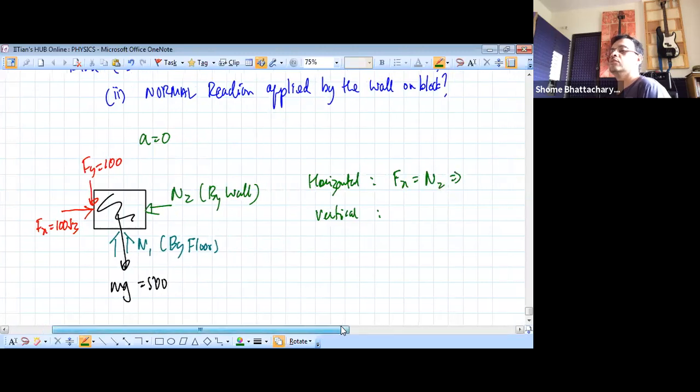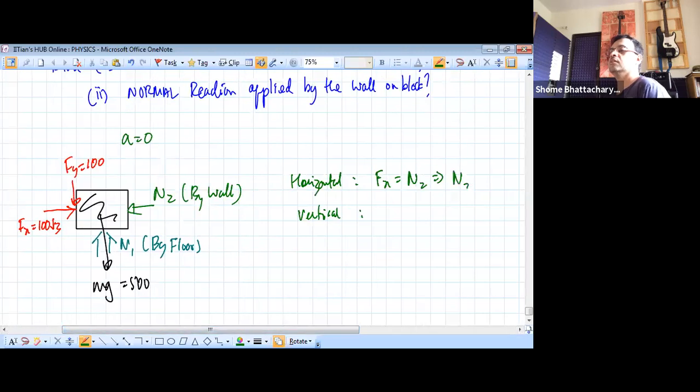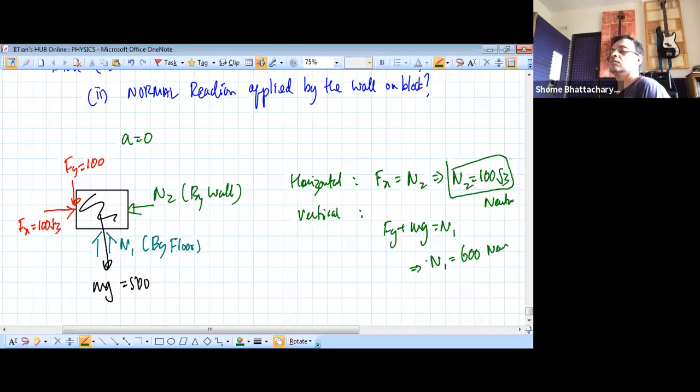So the normal reaction that the wall is applying will become 100 root 3 newtons. And Fy plus mg should be balanced by N1. So N1 will become 600 newtons by the floor.